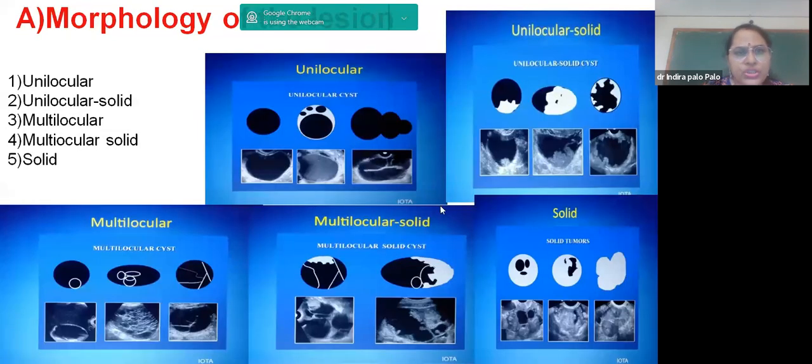Coming to the first, morphology, there are 5 different types. You can describe all masses you see under these 5 headings: unilocular, unilocular solid, multilocular, multilocular solid, or solid. Whenever you do a sonography, keep in mind that you will describe the mass under these 5 headings.